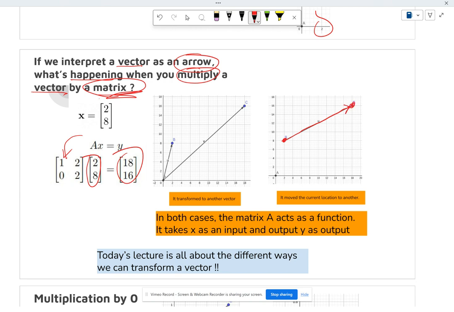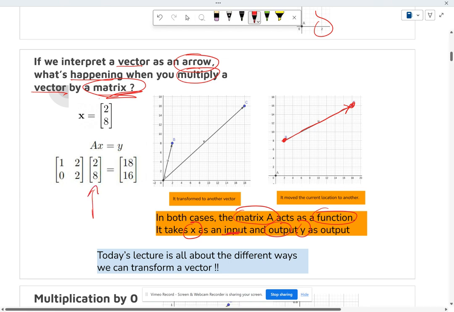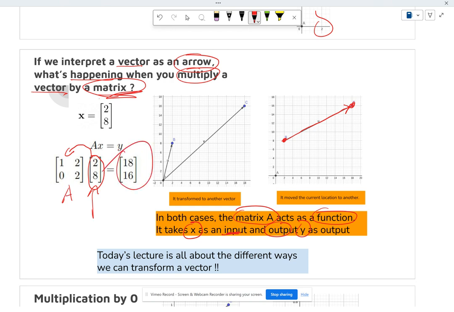In both cases, you want to think of matrix A as a function. It's acting as a function that takes x as input and outputs y. So a new way to think of this is we are putting this as the input into some kind of function. Matrix A is some kind of function and it's giving us an output.